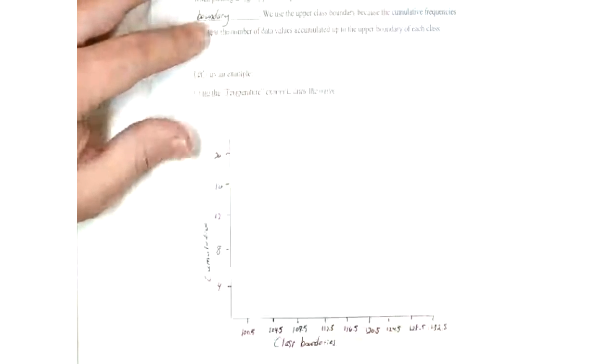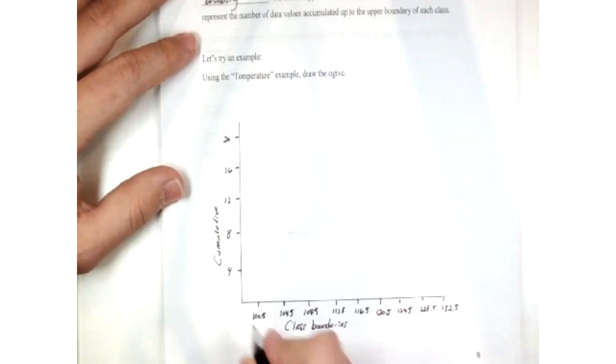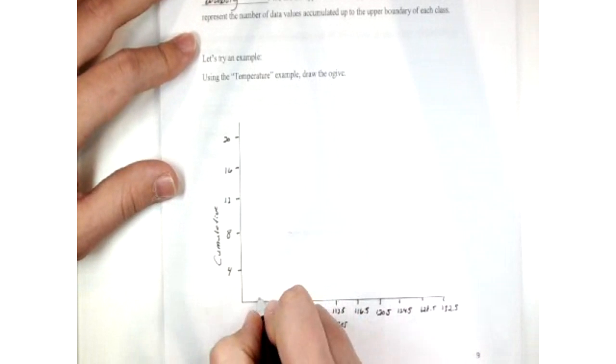Okay, so since it said we're going to plot the cumulative frequency at the upper class boundary, what will be the cumulative frequency at 100.5? That's going to be our starting position because there is no cumulative frequency at the lower boundary. Does that make sense? We're plotting it at the upper boundary. So at the lower boundary, we're going to have 0 as its cumulative frequency. So this will be our 0 point.